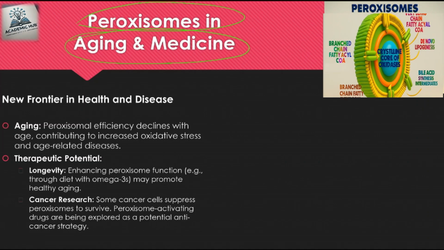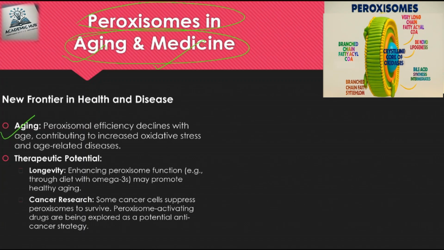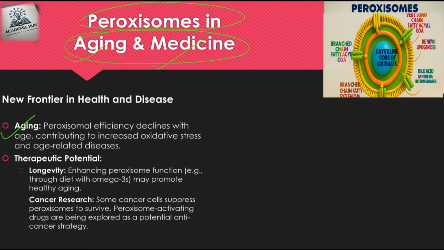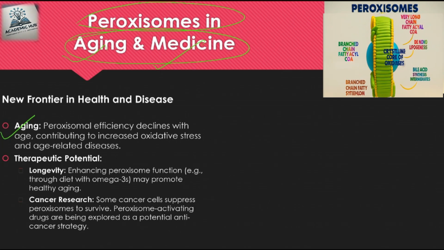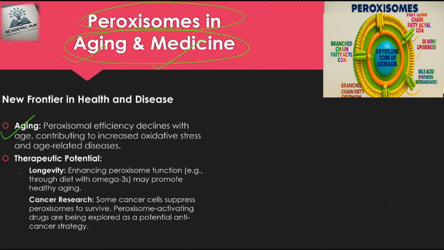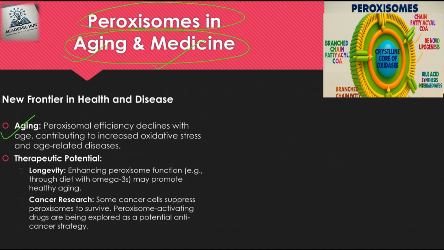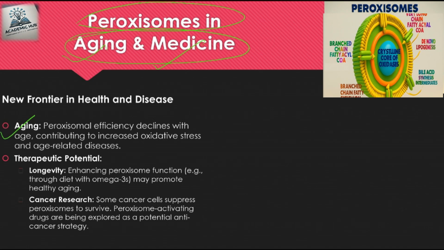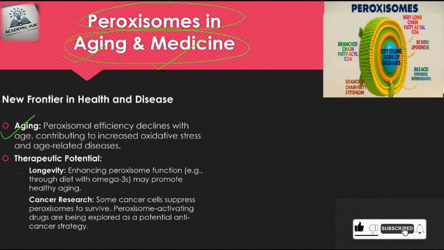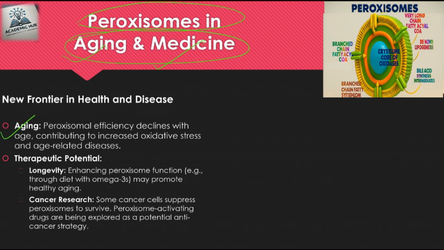In this, we will know the role of peroxisomes in aging and medicine. In aging, research indicates that as cells age, the efficiency of peroxisomal function tends to decline. This reduction can lead to an increase in oxidative stress and a higher susceptibility to age-related metabolic disorders. Consequently, scientists are actively exploring therapeutic strategies to enhance peroxisome activity to promote healthy aging and combat diseases.